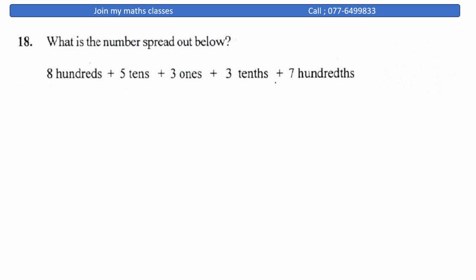What is the number spread out below? So you see 800s. If you get this kind of question, I'm going to show you how to get the answer.